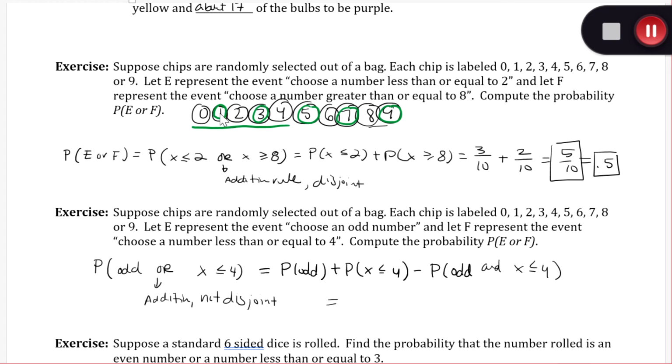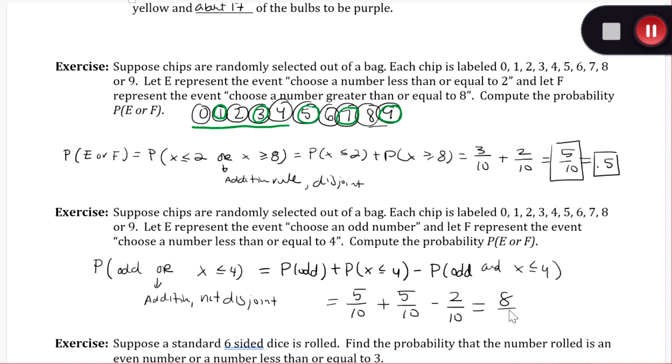So we had 1, 2, 3, 4, 5 out of 10 odds, plus less than or equal to 4, 1, 2, 3, 4, 5 out of 10, minus odd and less than or equal to 4, and there are these two that are both underlined and circled, so 2 over 10.